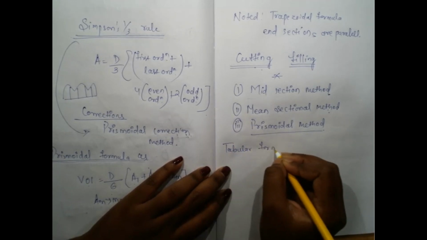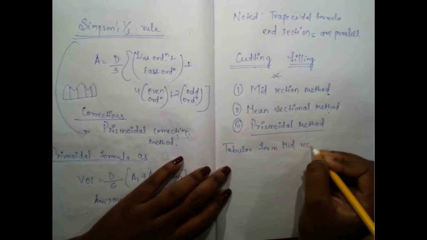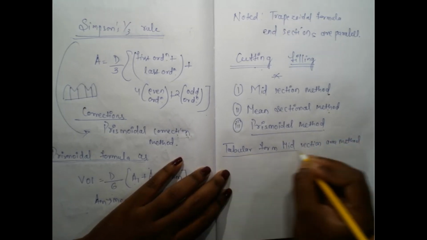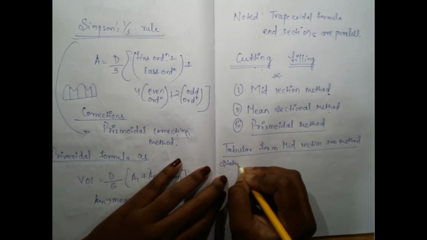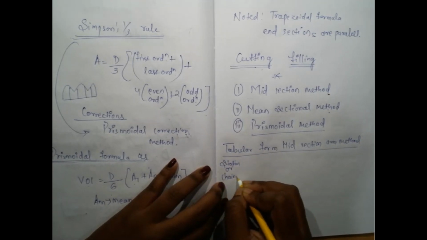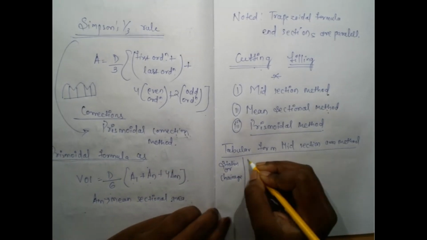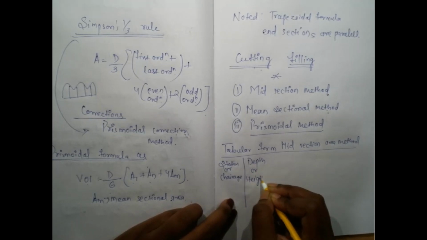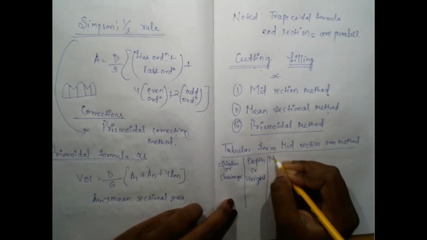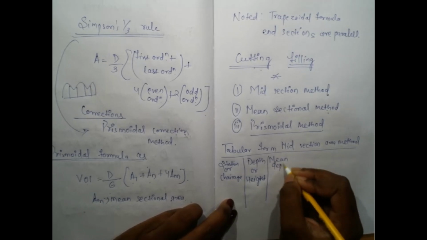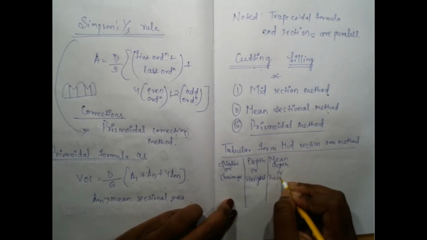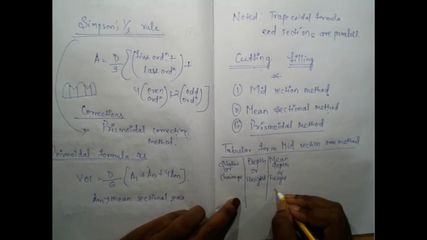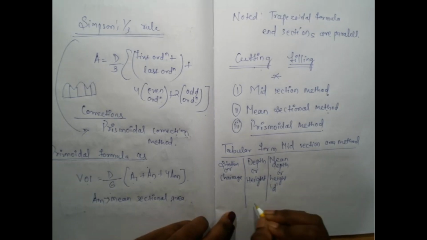The table has first the station or chainage, then depth or height, then mean depth or height, as it is applicable for cutting section and also for filling section. This is D. All are in meters.